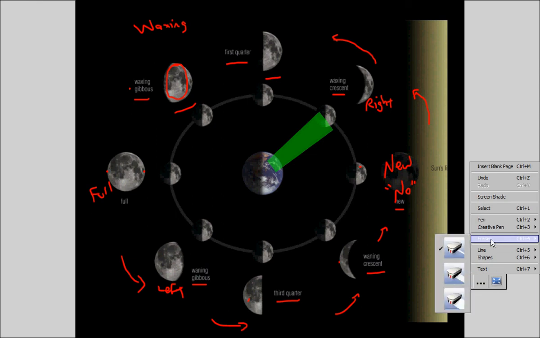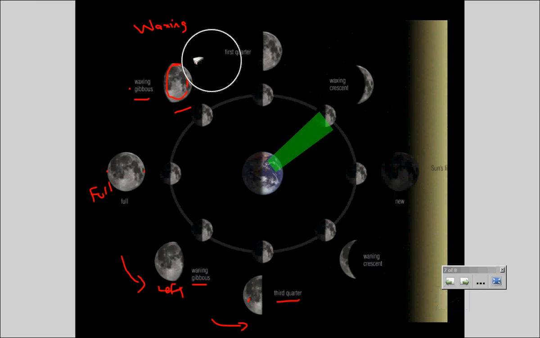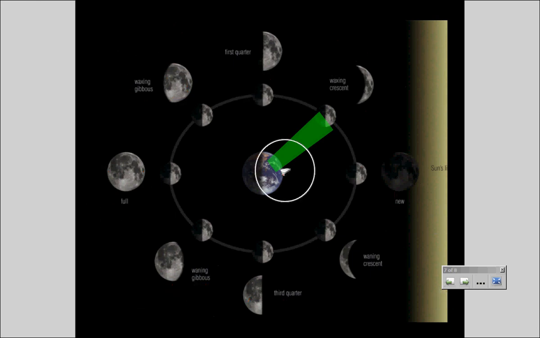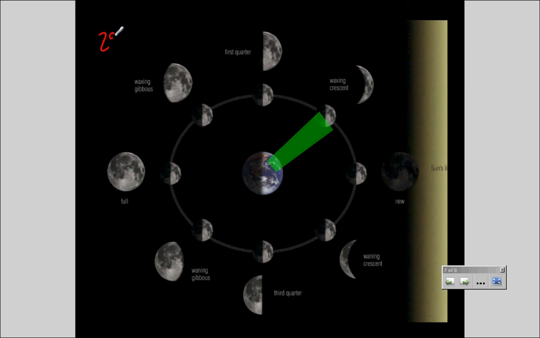Now, we need to understand how long this cycle takes, and we need to be able to make predictions. So let's start over. Earlier we said the cycle of the moon takes 29.5 days. Now, for the sake of easy math, I'm instead going to call it 28. Okay?